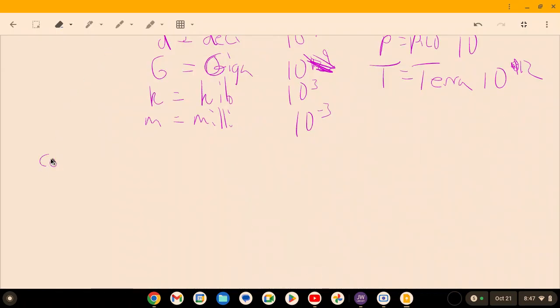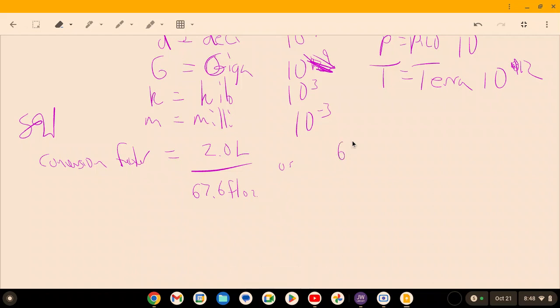So the conversion factor for number 59 can be written 2 ways. It can either be written as 2.0 liters over 67.6 fluid ounces, or 67.6 fluid ounces over 2.0 liters.